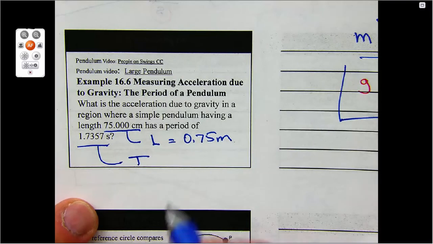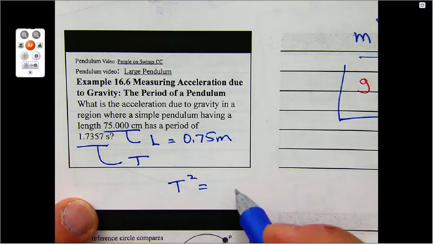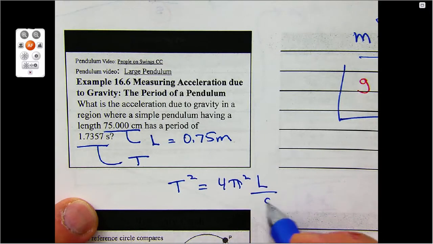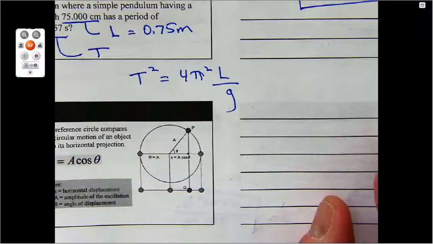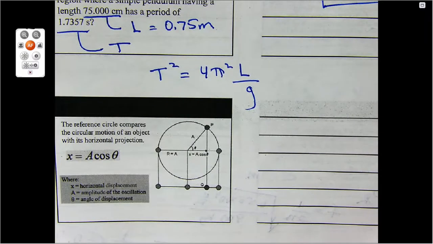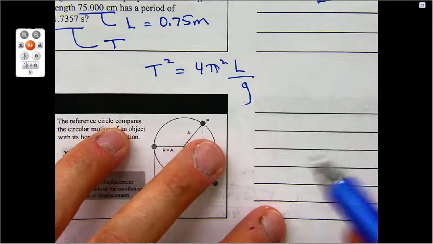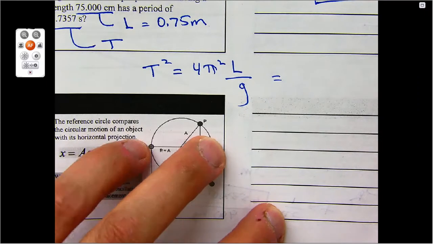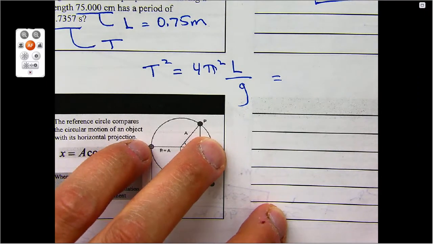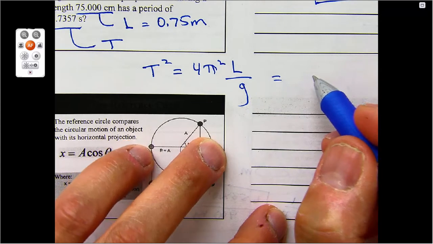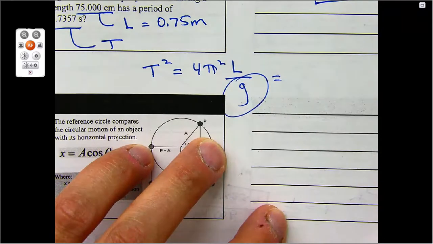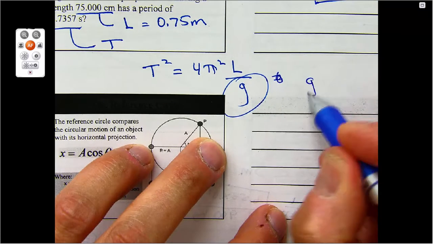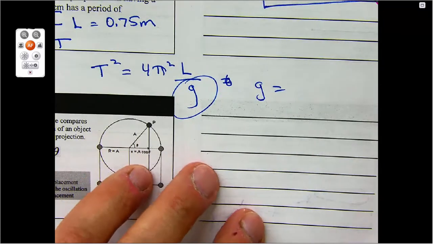So I'm going to go ahead and square this right away. Period squared is equal to 4 pi squared L over G. So if we solve this for G, again, G is going to equal, we can just switch these around.